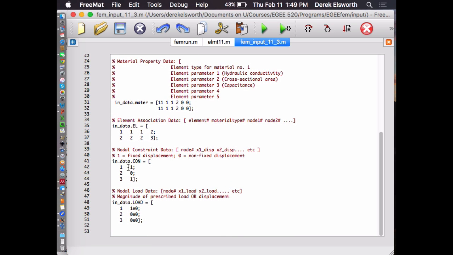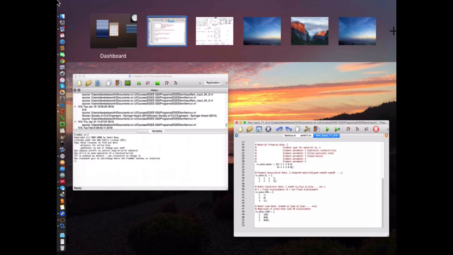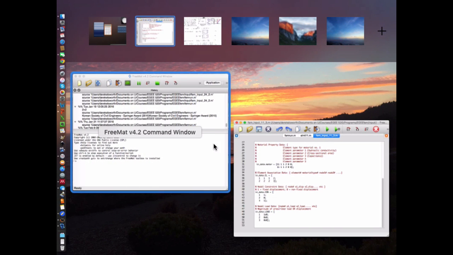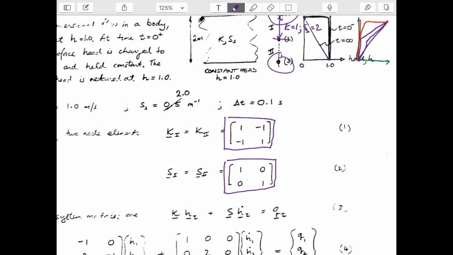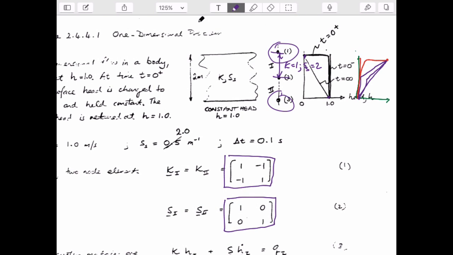And we define the boundary conditions. If we have a defined head condition, which we have here, then the code for that is equal to 1, meaning that h equals prescribed.